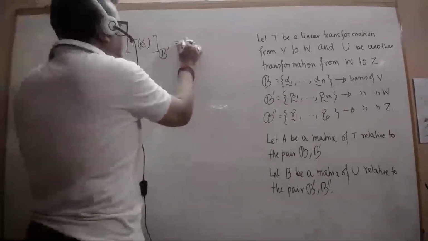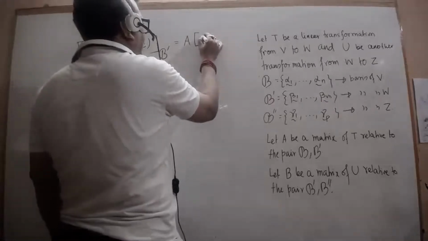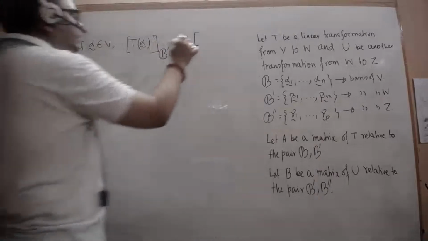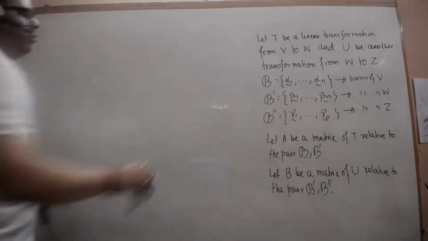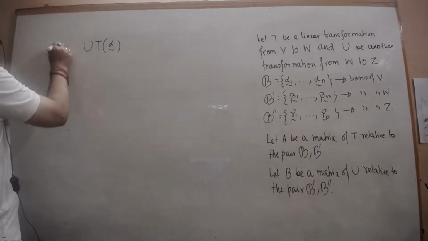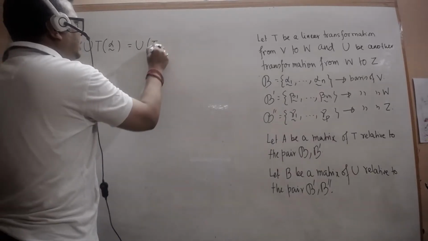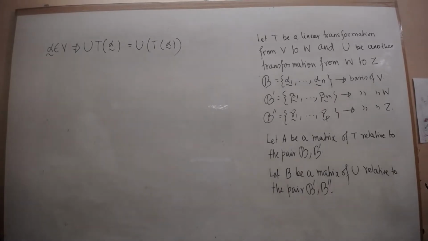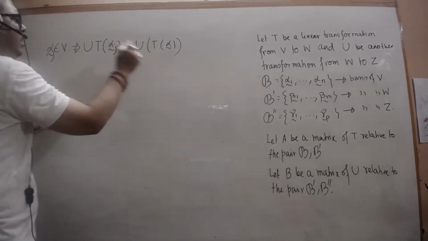This gives U of T alpha_j. I think it is better to write alpha_j.